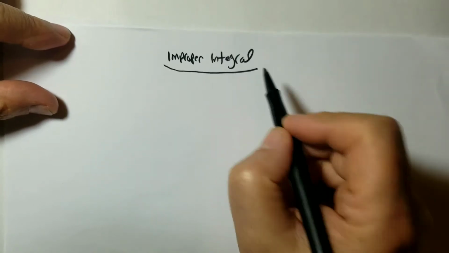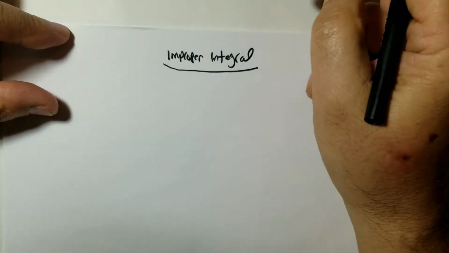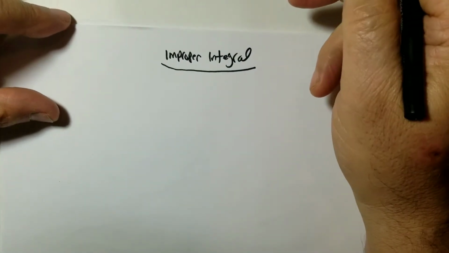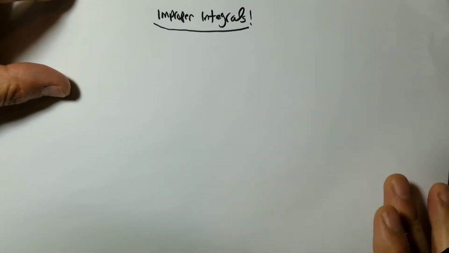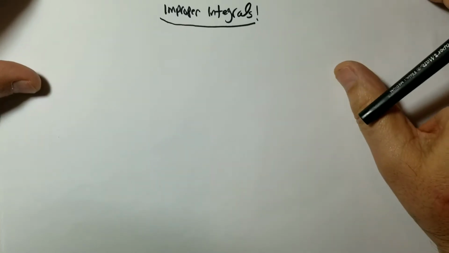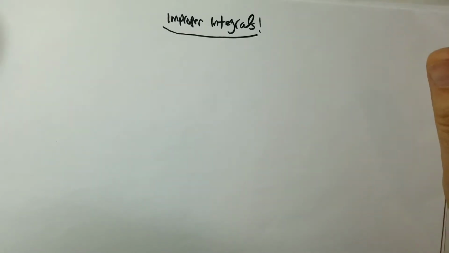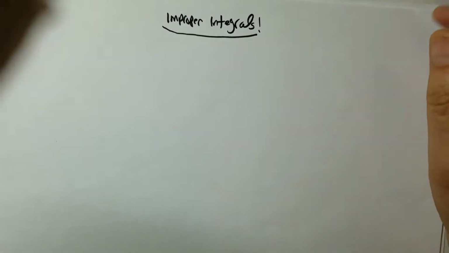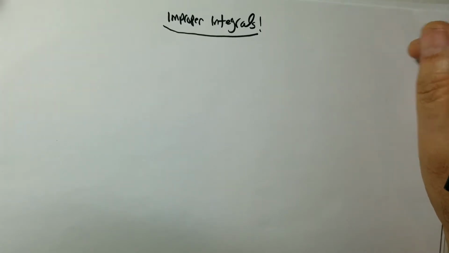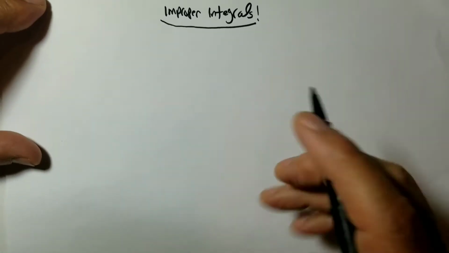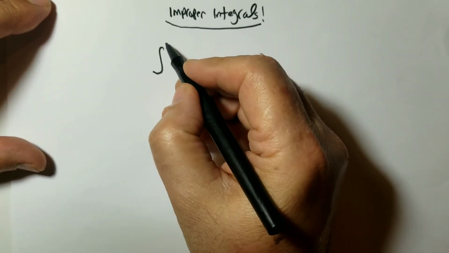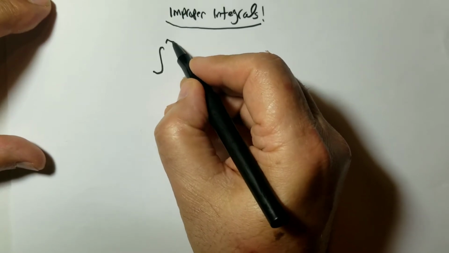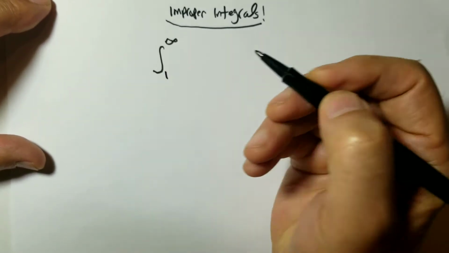I'm gonna do some examples regarding improper integrals, but I'm gonna do some easy ones first. It's not really the easy one, but it's very important in the future when we talk about sequences and series. Those are when the upper bound increases to infinity and the bottom is 1.